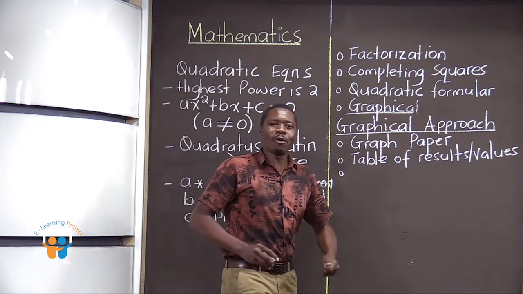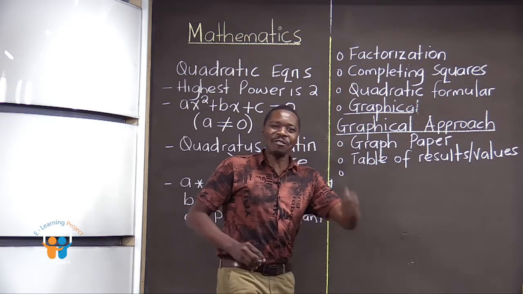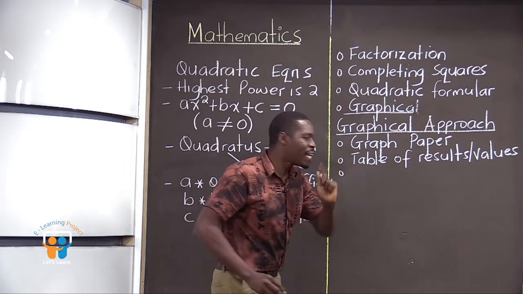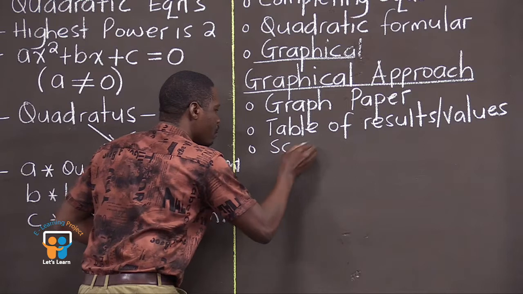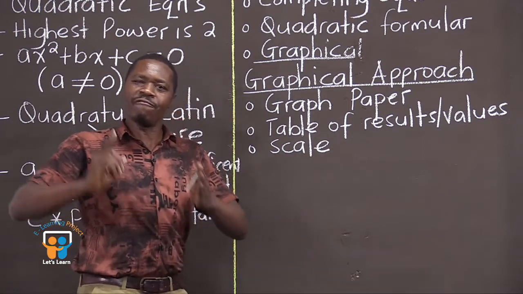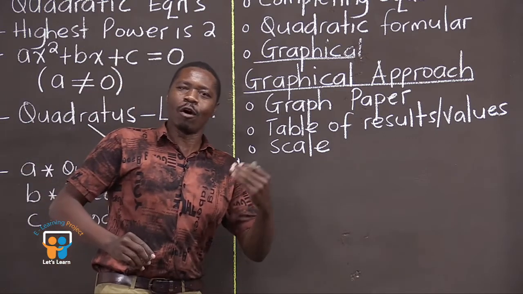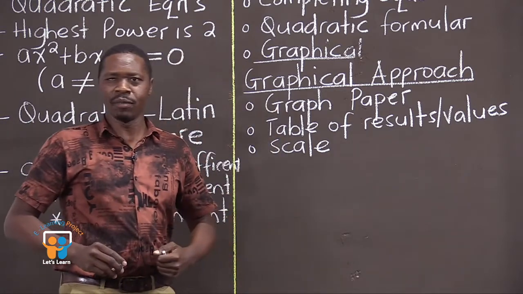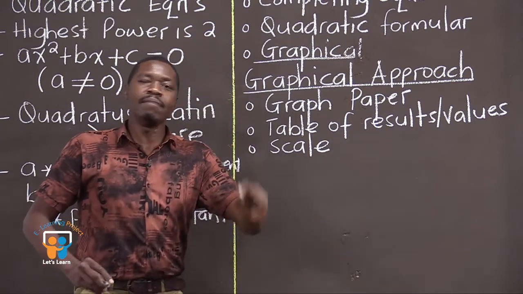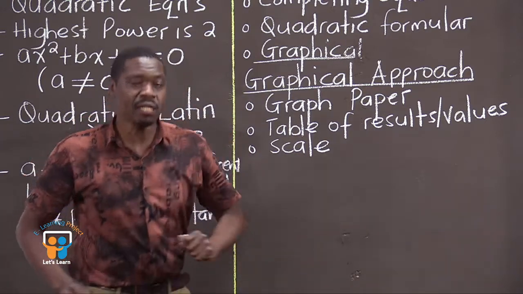Now, viewers, we also need to know that in the graphical approach, we must not forget the scale. The scale can either be the vertical scale or the horizontal scale. But whatever scale we choose, it must be a suitable scale.